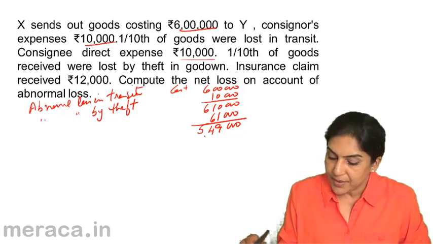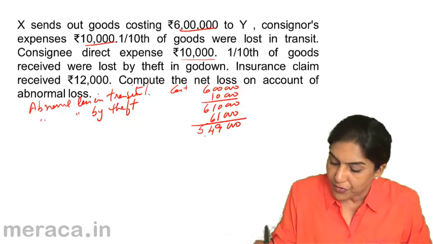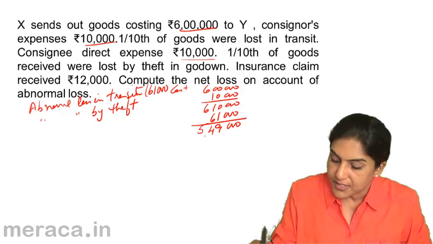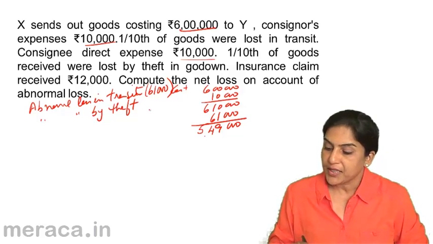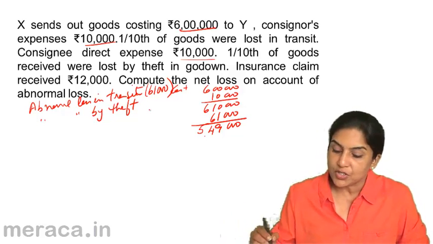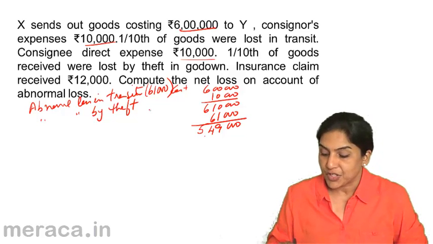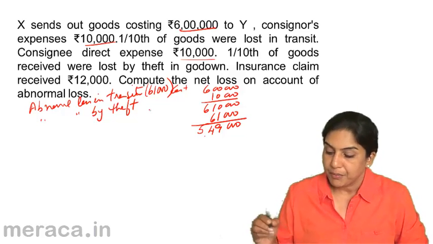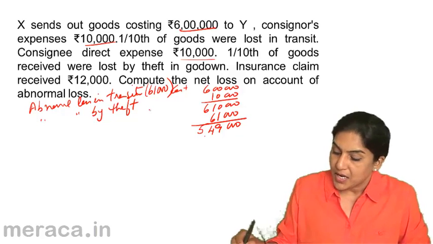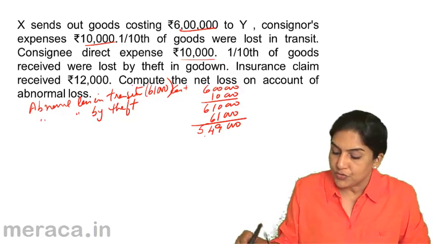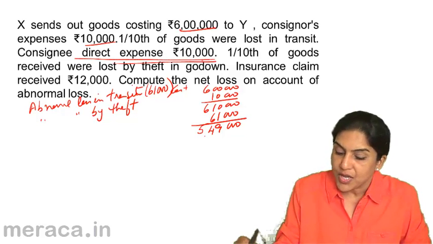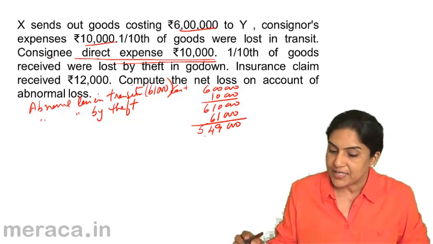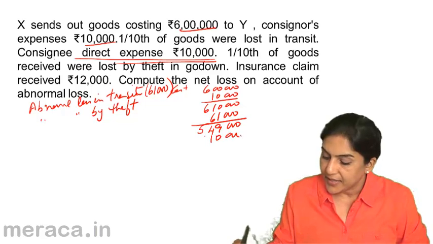Okay, so this is abnormal loss in transit. We have already got a value of 61,000. Now we have 5,49,000 and 1/10 of these goods are now lost by theft in godown. However, before that, these goods, 5,49,000, are taken to the warehouse and the cost incurred by the consignee is another 10,000.